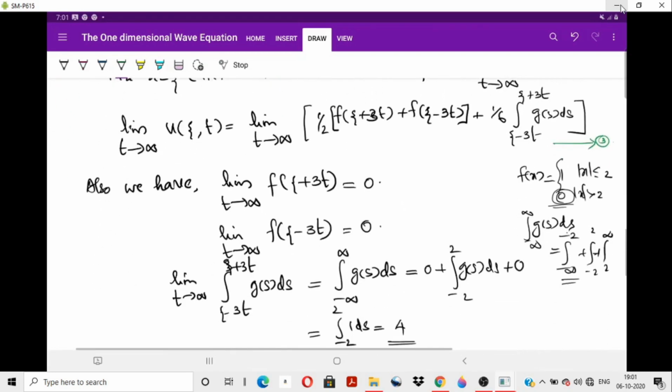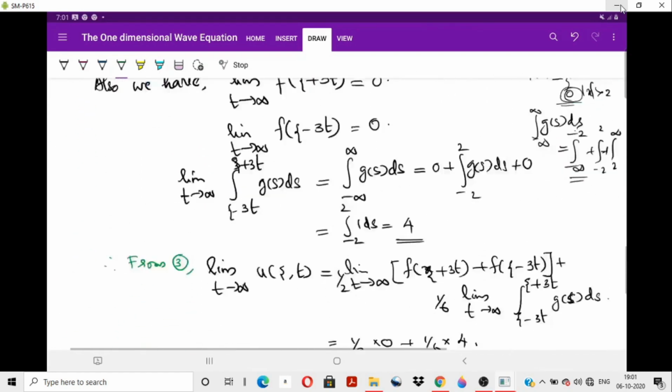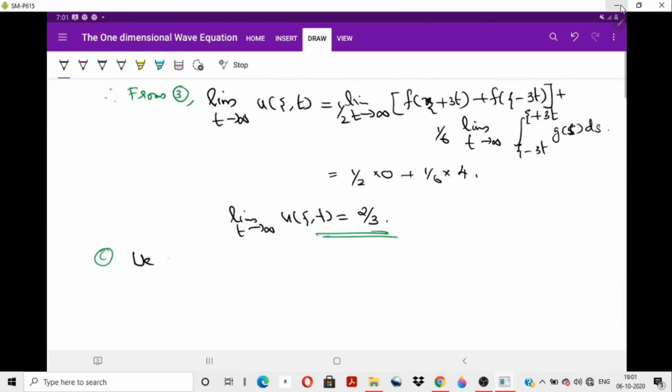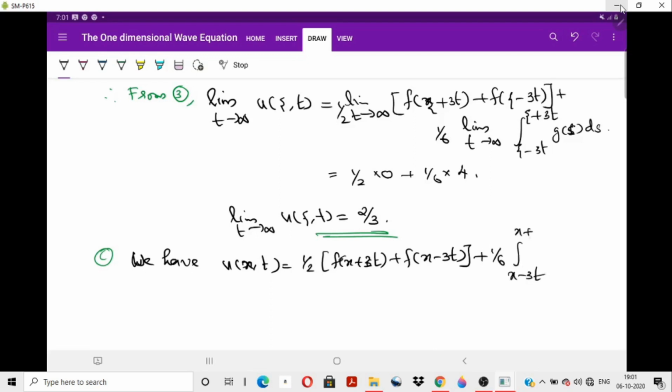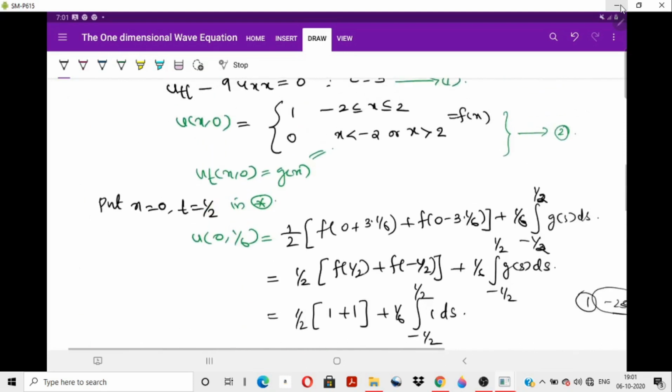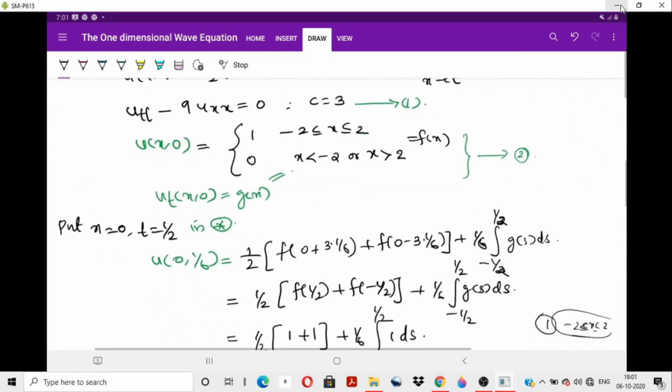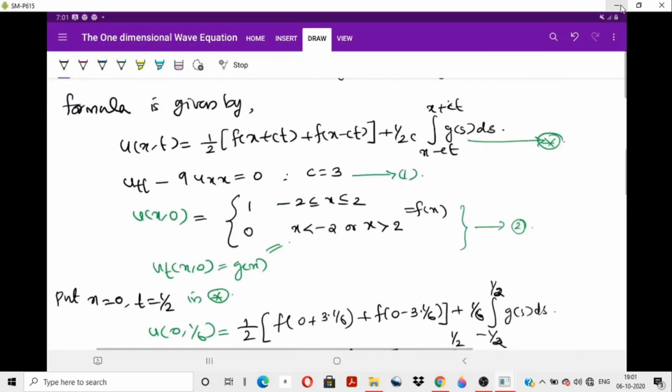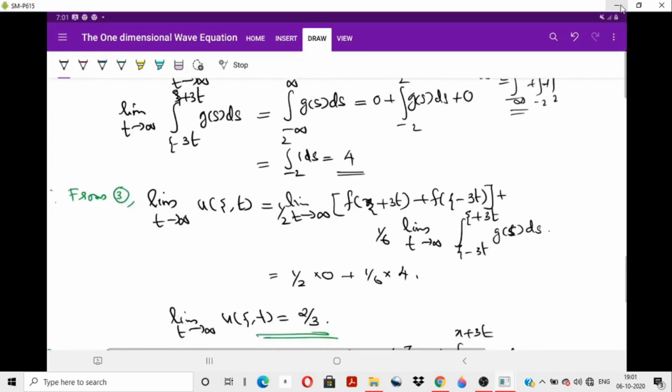And we know from the equation star that u of xt is equal to 1 by 2 into f of x plus 3t plus f of x minus 3t plus 1 by 6 into integral x minus 3t to x plus 3t g of s ds. Okay, so this is our solution.